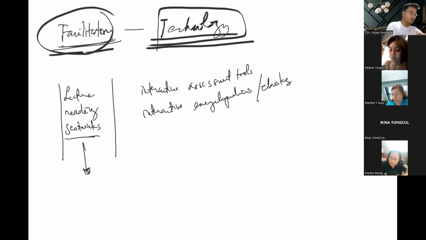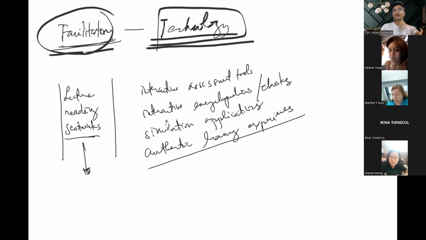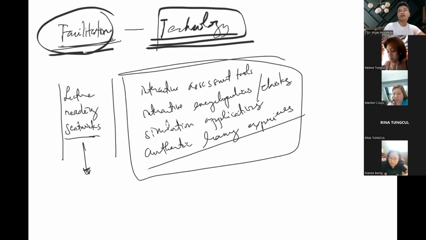There are also simulation applications, and many other technologies. And of course, authentic experiences. Okay, so technology has made it possible for teachers to assume their role as facilitator of learning.